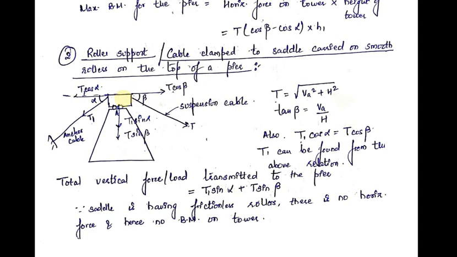Since there is no restraint, that is the saddle is not restrained in its position, no horizontal stress will be produced. Since there is no horizontal force, no bending moment will be produced in the cables.